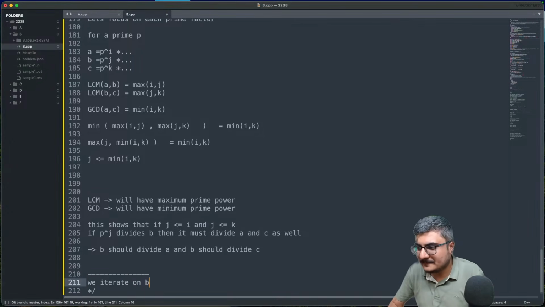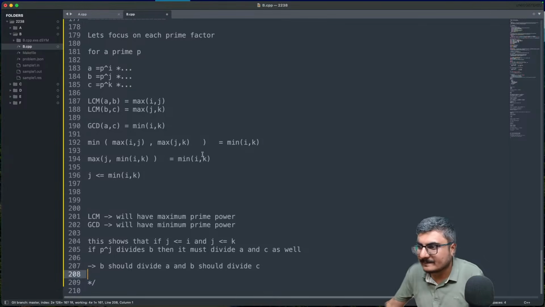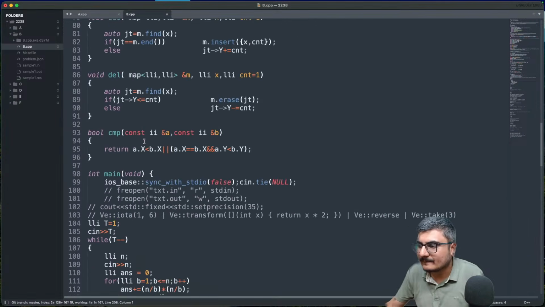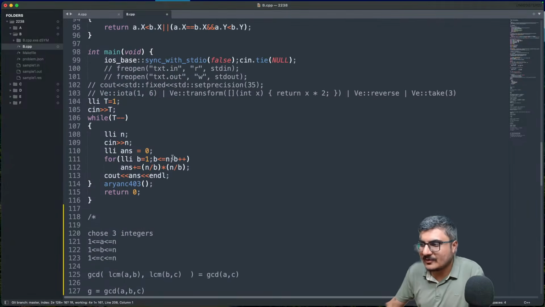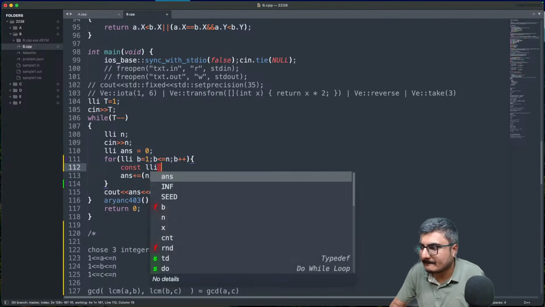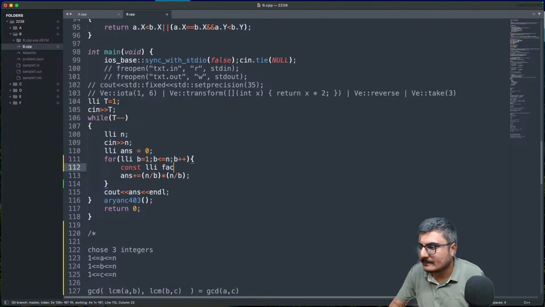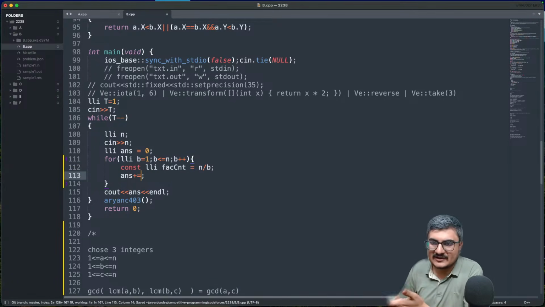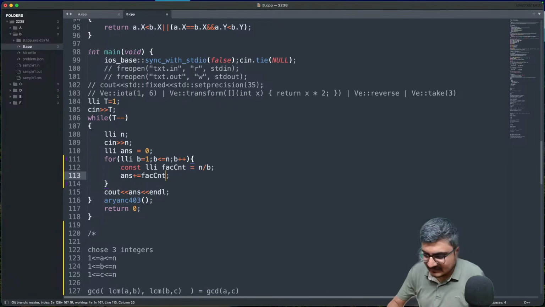We iterate on B from 1 to n. Then how many multiples of B exist from 1 to n? The number of multiples of b between 1 and n would be n divided by b. These are the times you can multiply it by. Then for A, you have fact count choices. For C, you have fact count choices.